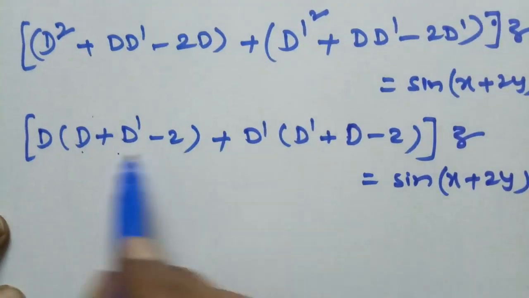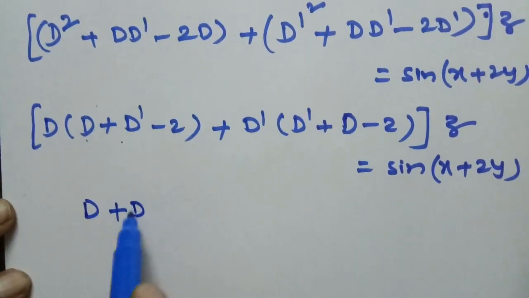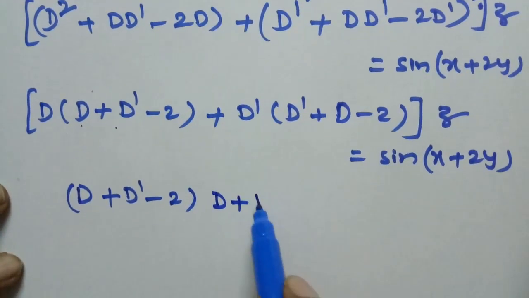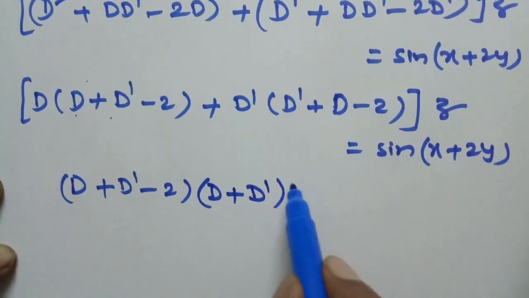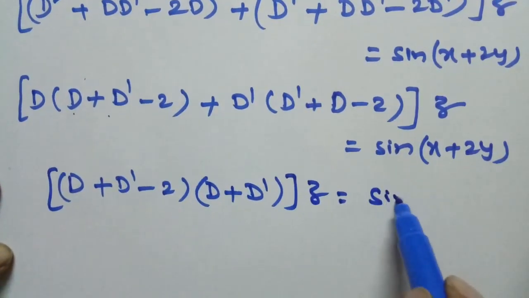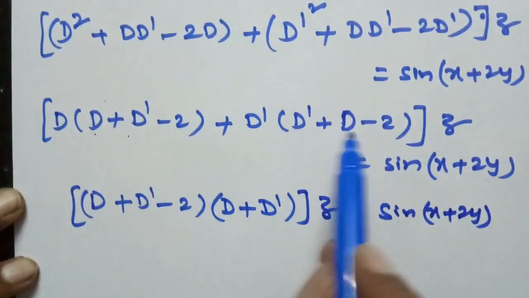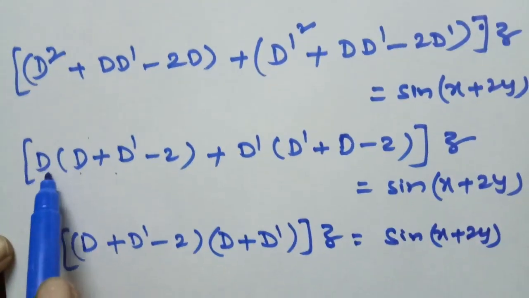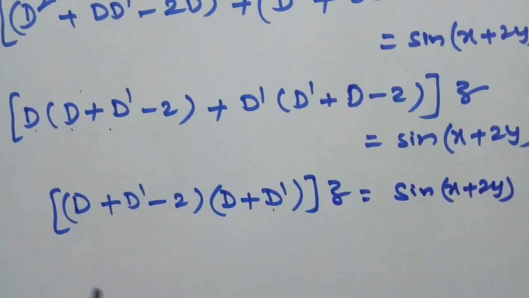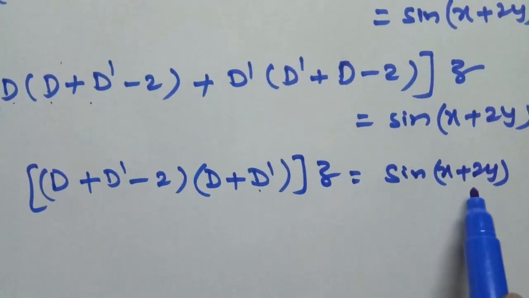Therefore this is the common factor, and the remaining factor is here D, here D dash.